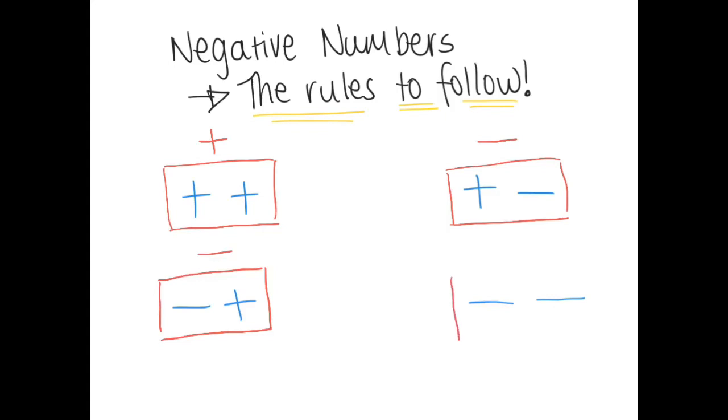And lastly, the two negatives, they clash and they do something completely different and they turn into a positive. This one might be really hard to remember, so just think: two negatives, they separate, they cannot get together, and so they turn into a positive.